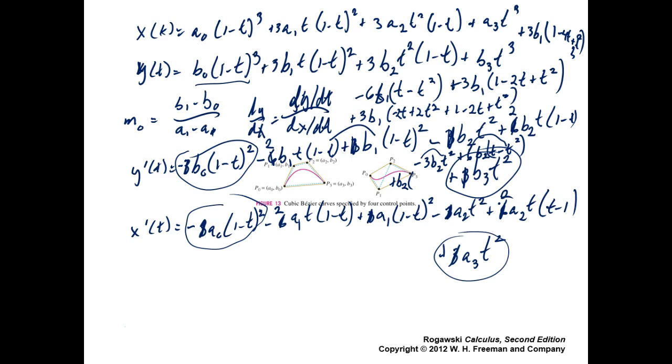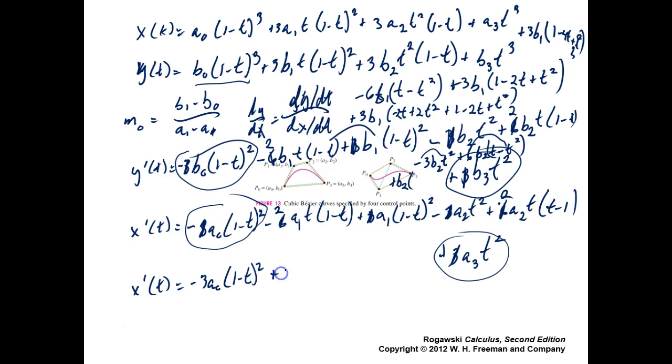I know it's such a mess, it's hard to see. Here's what they got. I'll do the x prime since it's right there. X prime of t. And they got the minus 3 a0 times 1 minus t squared. We know that's true. Okay?